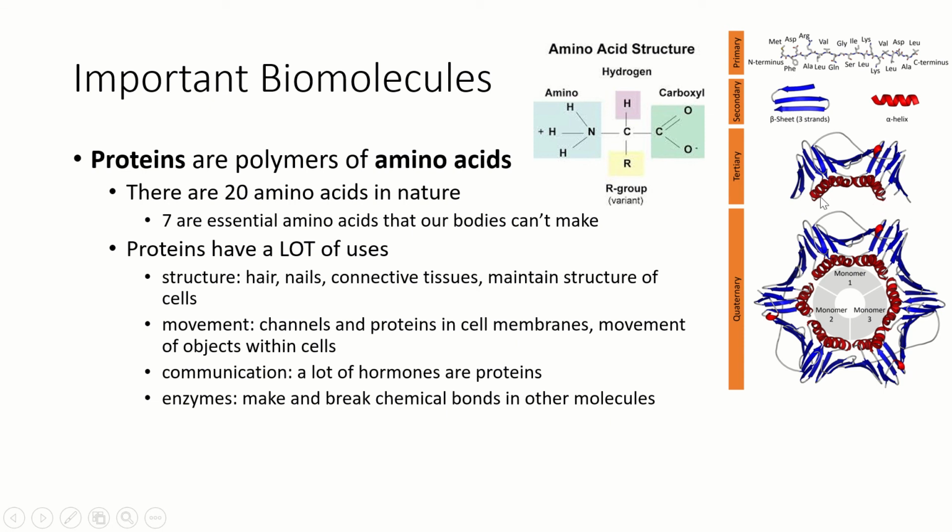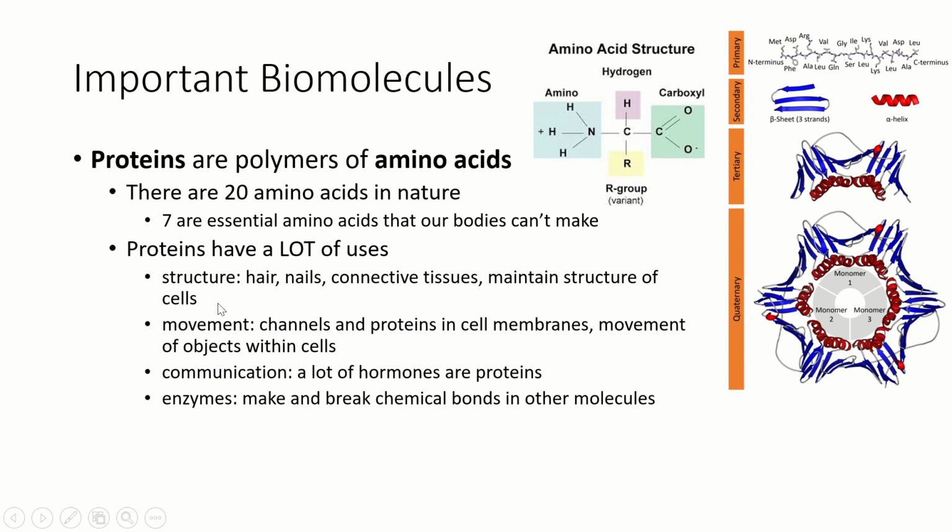And then sometimes multiple proteins like this band together into a single ginormous molecule. The molecule that connects a phosphate to an ADP to make ATP contains, I think, 120 protein sections in one molecule, all bound together into one gigantic molecule.